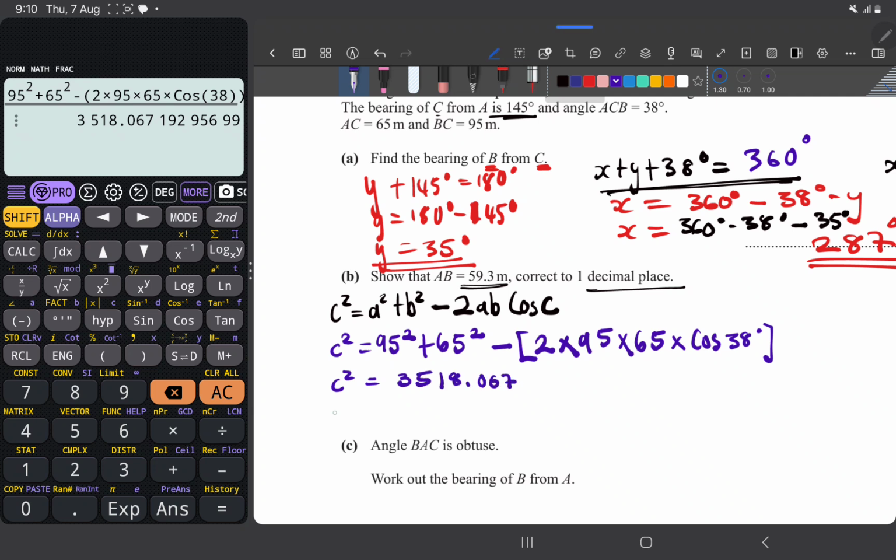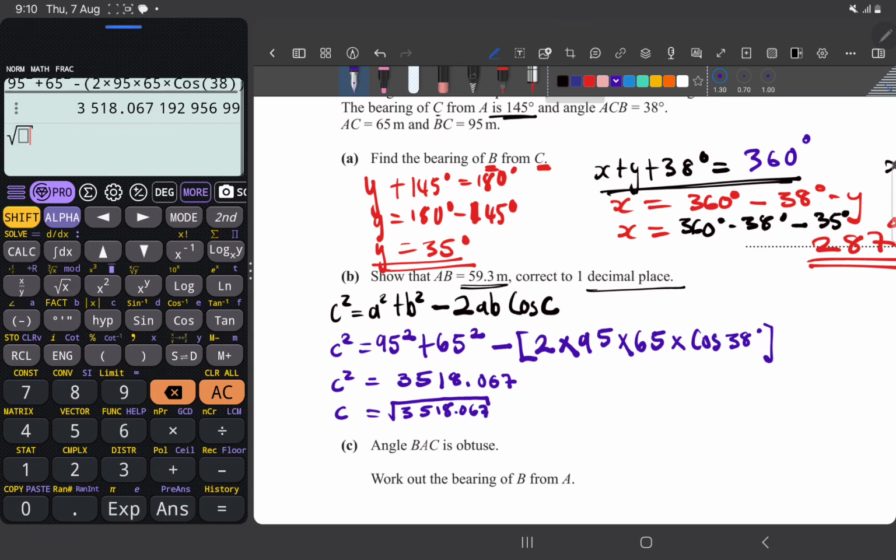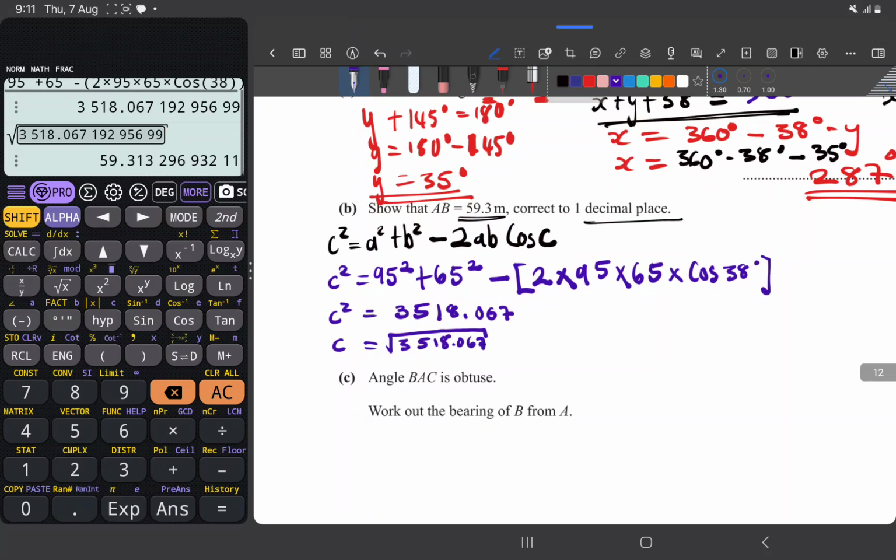What is c? It is the square root of that, 3,518.067. I say square root of the answer, and I get 59.313 and so on. So c is equal to 59.3. This is going to be my c.